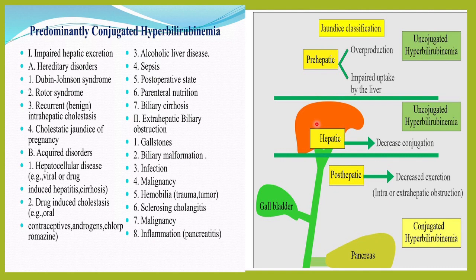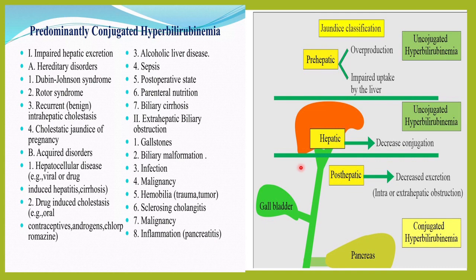It could be because of hereditary disorders like Dubin-Johnson syndrome, Rotor syndrome, or cholestatic jaundice of pregnancy, or acquired disorders like viral hepatitis, drug-induced hepatitis, alcoholic liver disease, sepsis, biliary cirrhosis, or an extrahepatic biliary obstruction.